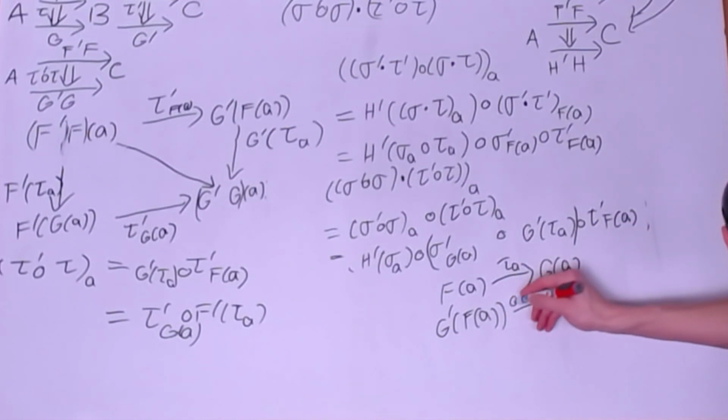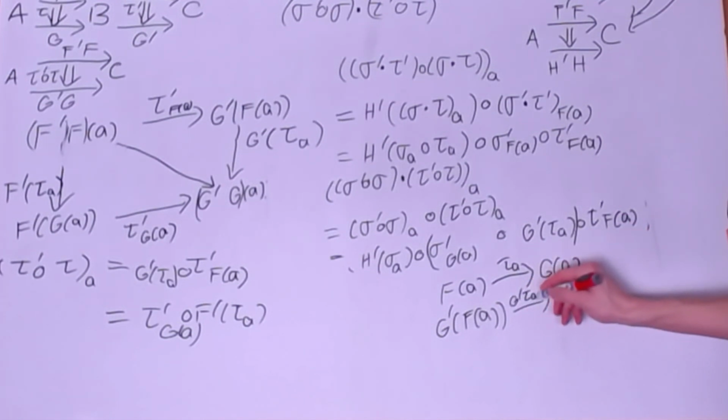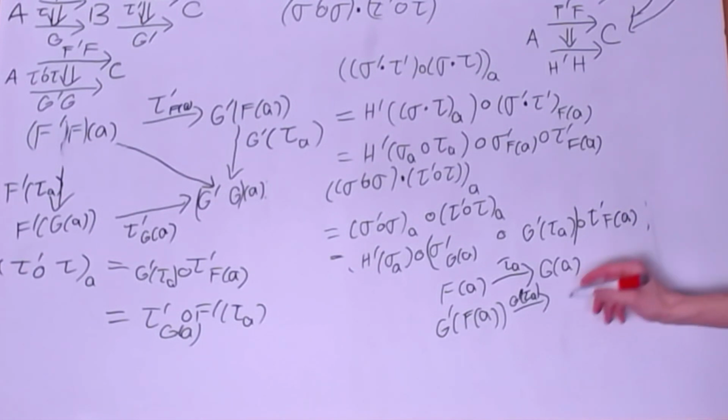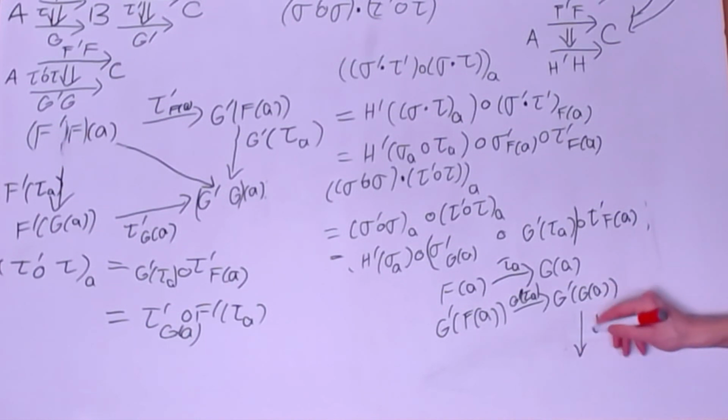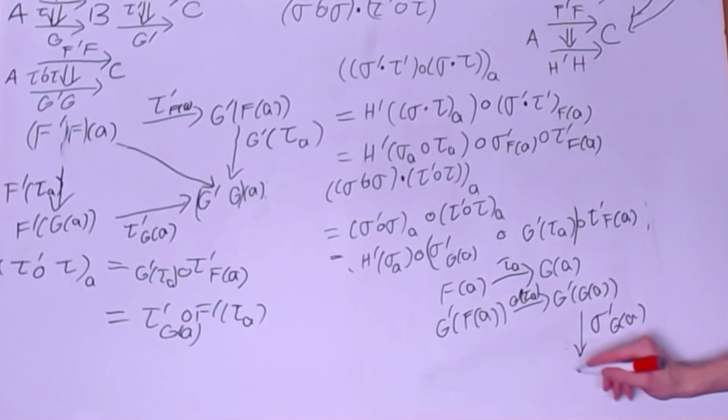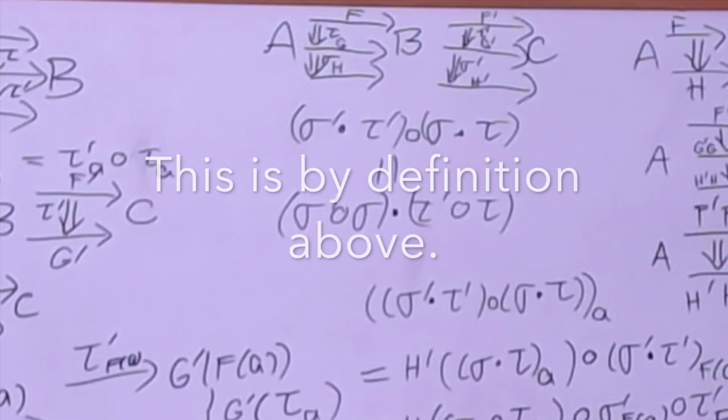And then I can get G prime tau of A right there in the middle. And then G prime G of A. Then, from G prime G of A, I can take sigma prime at G of A down to, it converts the outside to H prime at G of A.